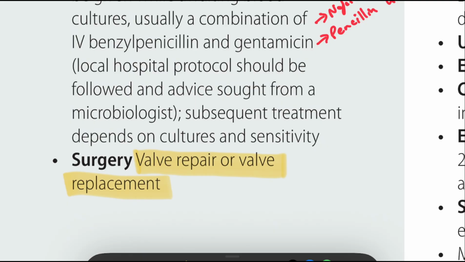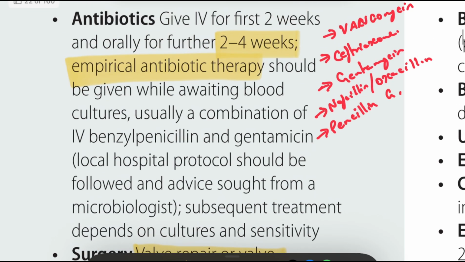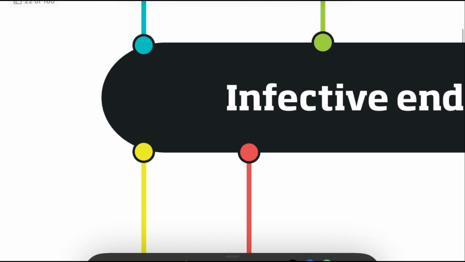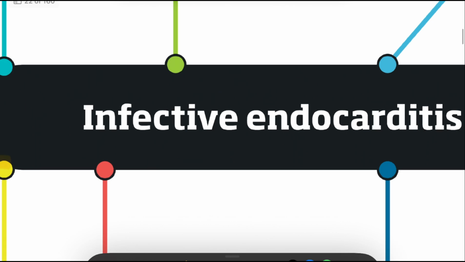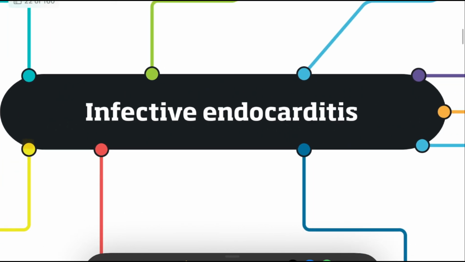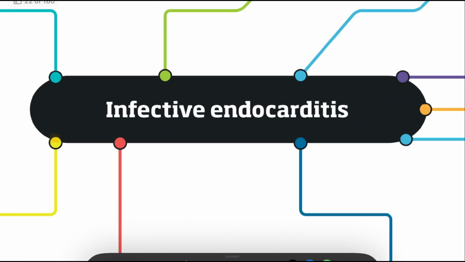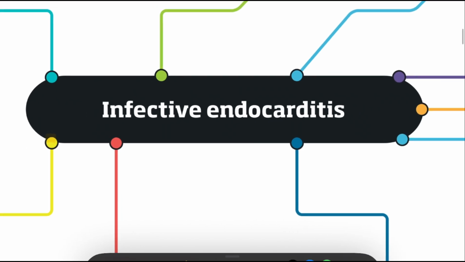Okay, so in high-yield exam points, I'm going to tell some important points for infective endocarditis. The most common causative organism is Staphylococcus aureus. In intravenous drug users, we see tricuspid valve infective endocarditis, and subacute infective endocarditis is caused by viridans streptococci.